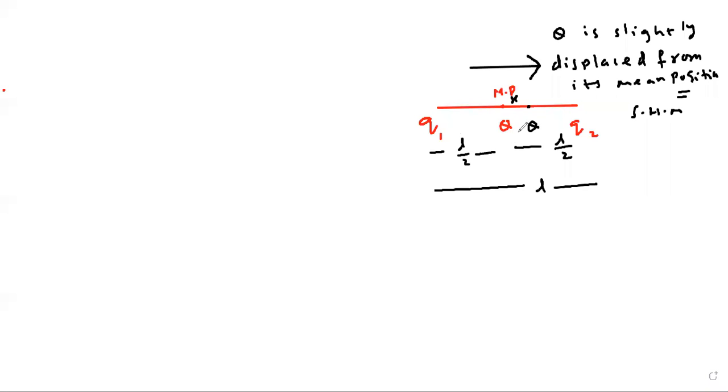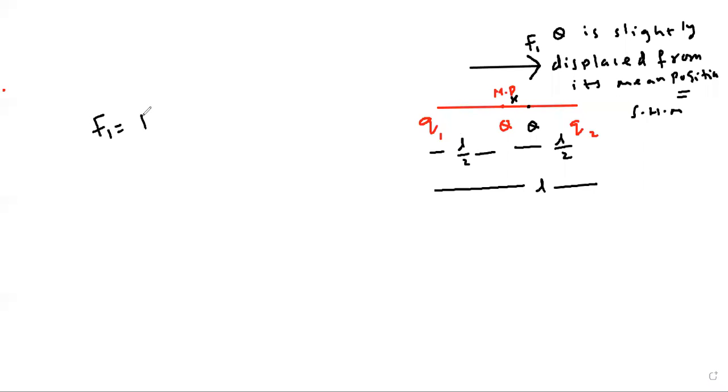Both are positive, so they repel. Let us take this as F1. F1 is the force on capital Q with respect to small q1, and its direction should be to the right side.